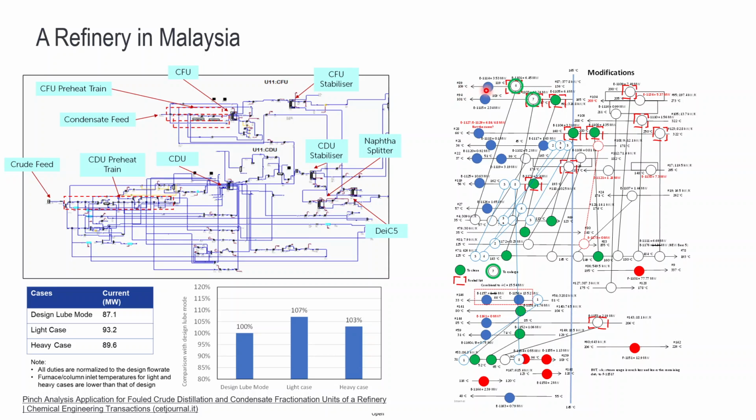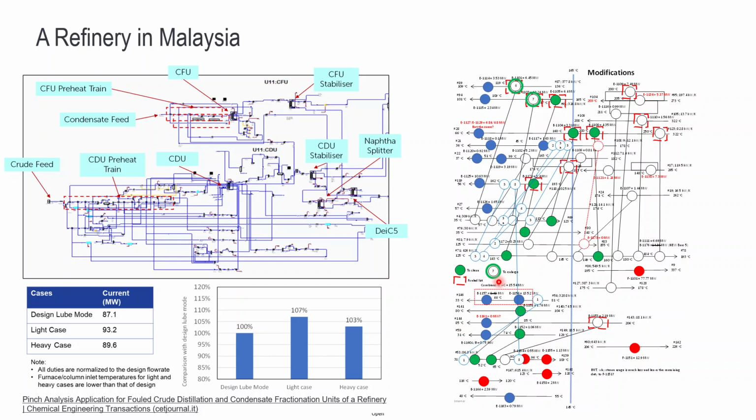So this is a hot stream, this is a hot stream, this is a hot stream. All of these streams pointing to the left are the hot streams, and streams pointing to the right are cold streams, right? And I also typically put this in one complex, this is the CDU complex, this guy over here, and then the CFU is below here.